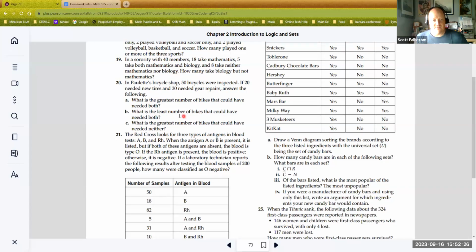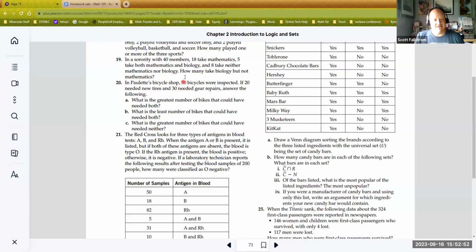What's the least amount that could have needed both? Well, if there were 50 total bikes, is it possible to have 20 that needed tires, 30 that needed gears, and nothing in the middle? And the answer is, yeah, that's possible, if everybody who came in needed just tires or gear repair. So if you draw the picture out, you can put 20 in one side, 30 in the other, 0 in the intersection, and just make sure you still get the 50.